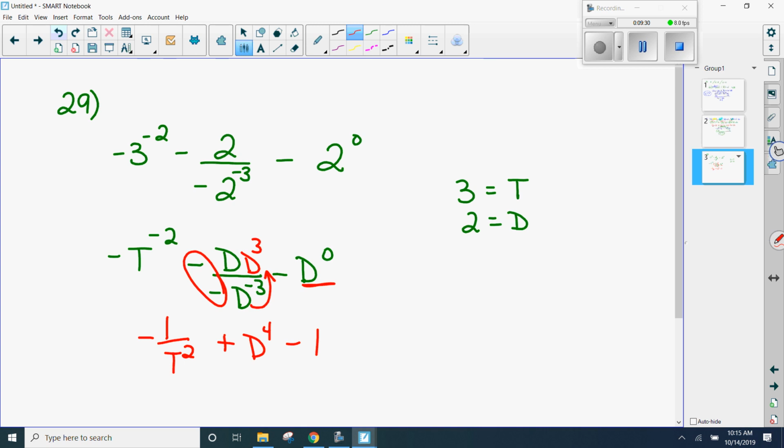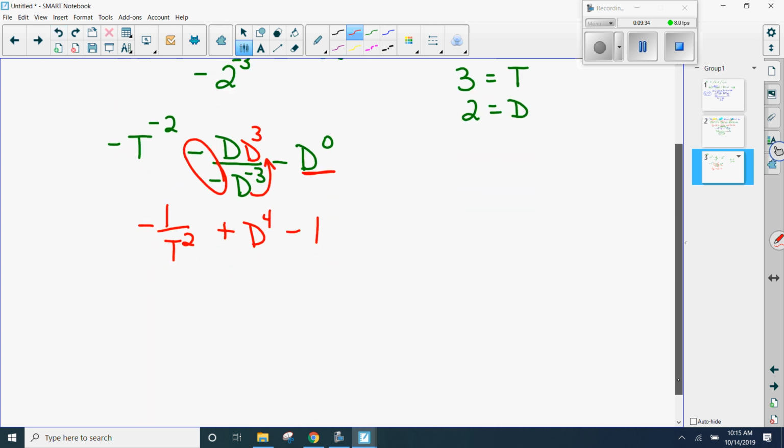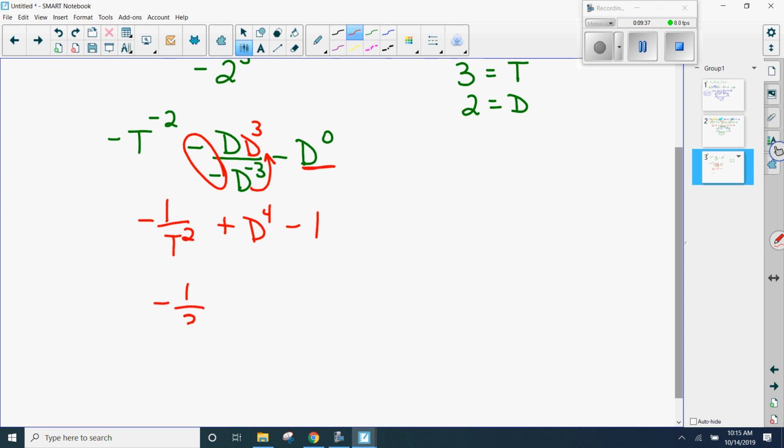What did we say t was? 3. So this is like -1 over 3 squared plus what's d? 2. 2 to the 4th minus 1. What's the opposite of 1 over 3 squared? -1/9. What is 2 to the 4th?